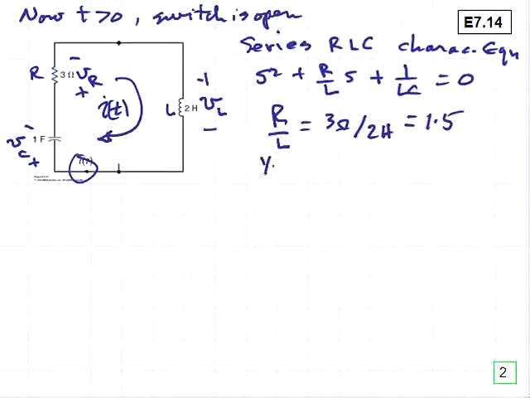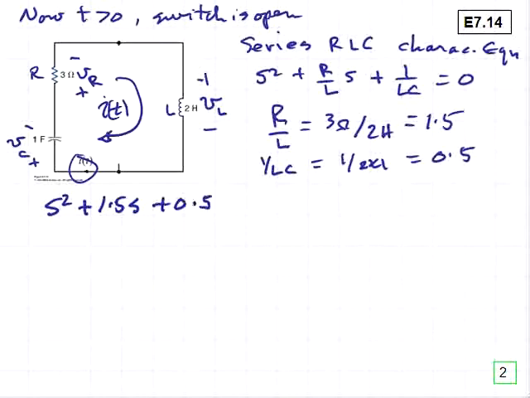The 1 over LC term is equal to 1 over 2 times 1, which is equal to 0.5. So our characteristic equation is S squared plus 1.5S plus 0.5 equals 0.